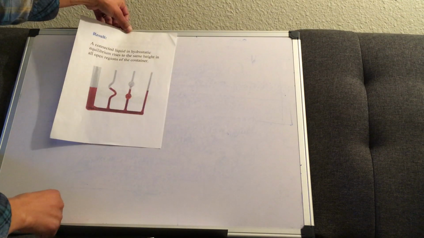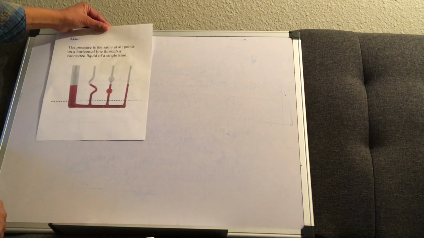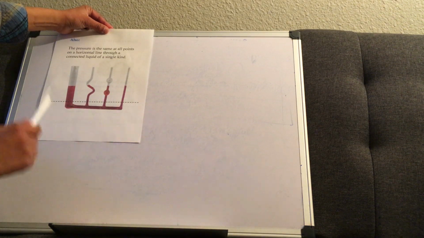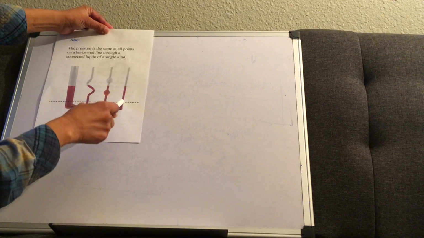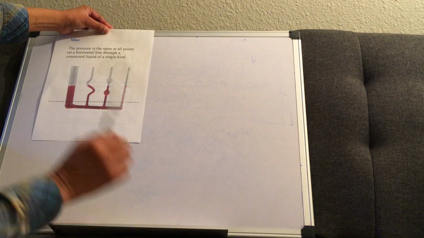okay, so now we are going to learn a few more interesting things here. Another thing is, if we pick a point on this horizontal line, and want to find the pressure at this point, this point, this point, and this point, which are on the same horizontal line, the pressure is going to be the same.